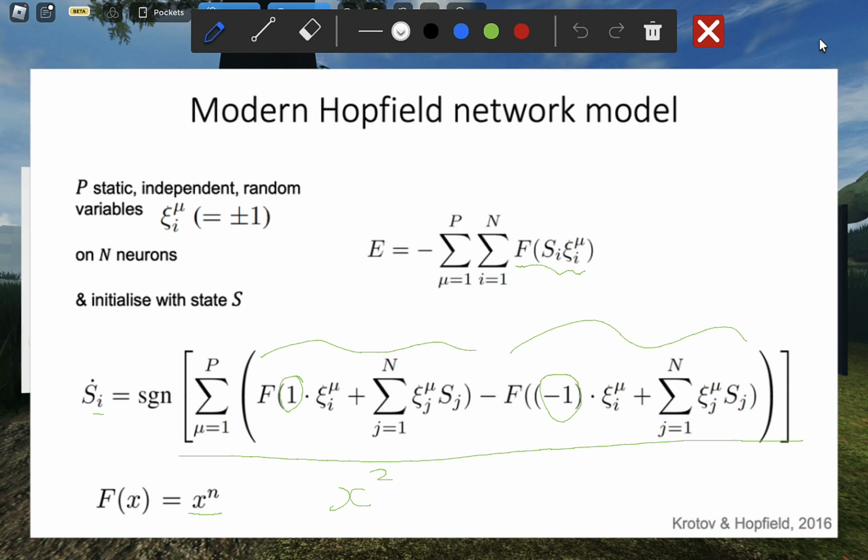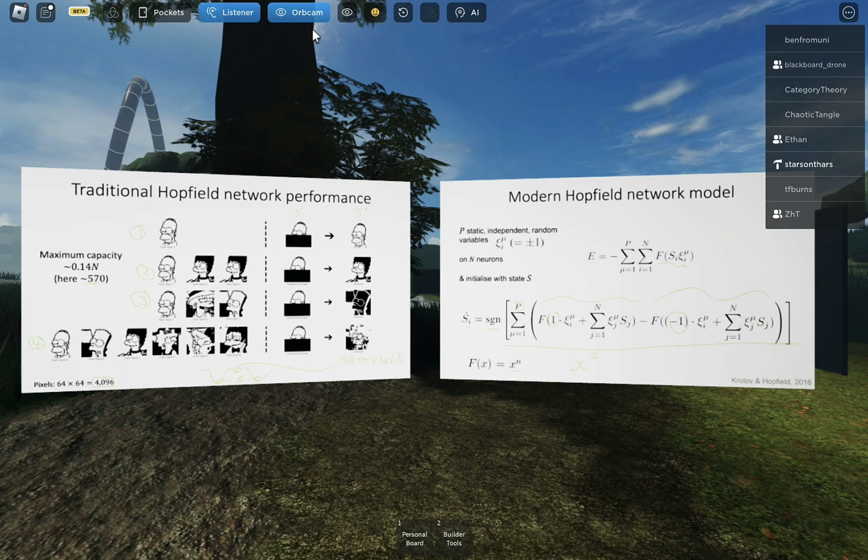Then we do that over all the patterns, and we take the sign of the average, so we move in the predominant direction. If you're wondering how this connects to the traditional Hopfield network, in terms of the equations you saw before, it's probably best seen in the next slides, which I'll move to now.